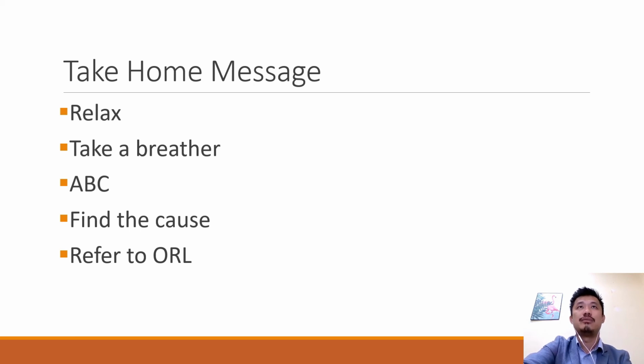If the patient is stable, continue to find the cause, take a history. Is it acute or something that has been going on for some time, and formulate a diagnosis in your mind. If there's no immediate intervention and you think there's a need to refer to us, always feel free to refer to us. We will see the patient, take over from there, and do what is necessary.